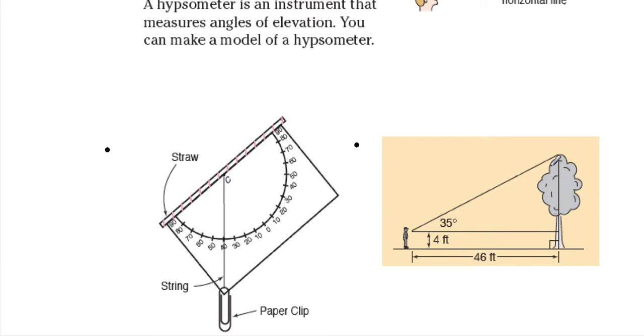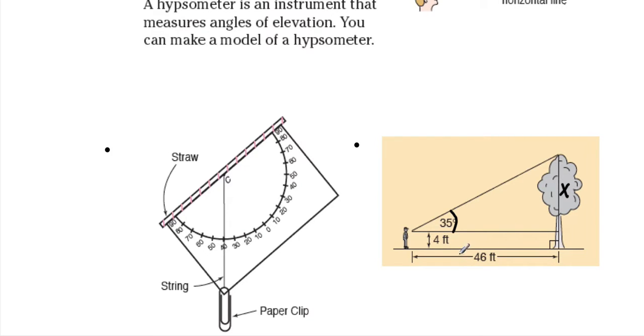We will find out how we can measure the height of the tree, because remember, in our trigonometric ratios, we talk about the three trigonometric ratios of SOH CAH TOA. Now we have this angle right here, and you are given 46 feet and 35 degrees. You want to find this particular side.